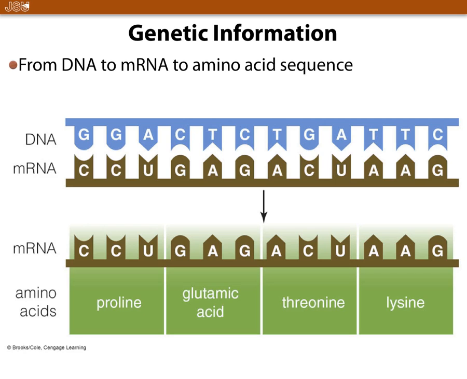Well, if we have 3 bases per amino acid, you do the math, there can be 64 different combinations. And that's the threading of the needle, so to speak. That explains how we go from mRNA to amino acids. Every 3 nucleotides on mRNA, and as a consequence DNA, code for 1 amino acid.